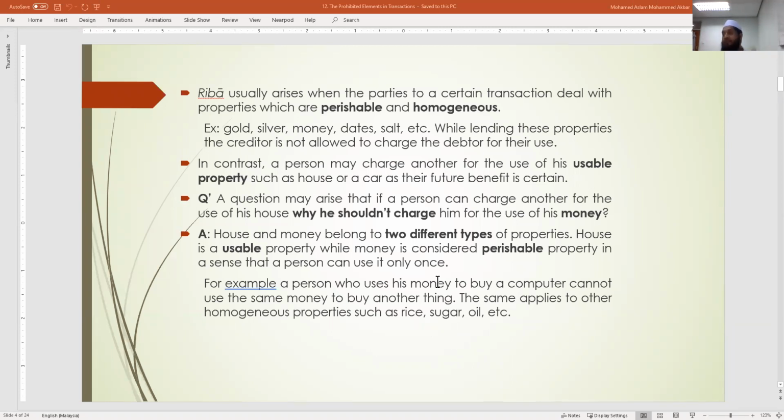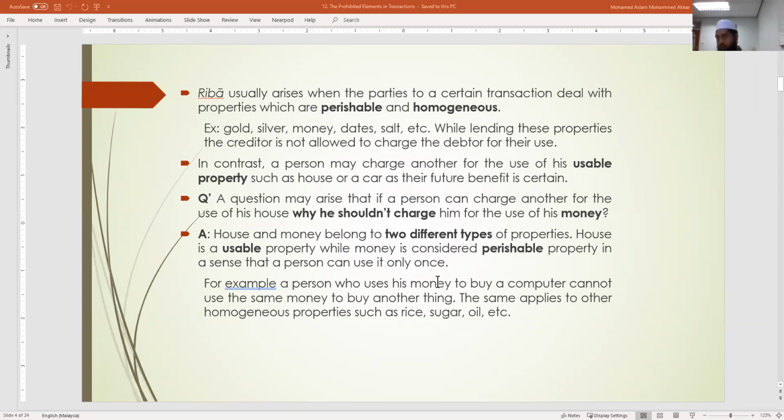Here we need to understand, like I told you earlier, these are not the same types of property. They are different types of property, because a house is a usable property and money is considered a perishable property. Why is money not usable property? Why does money come under perishable property?